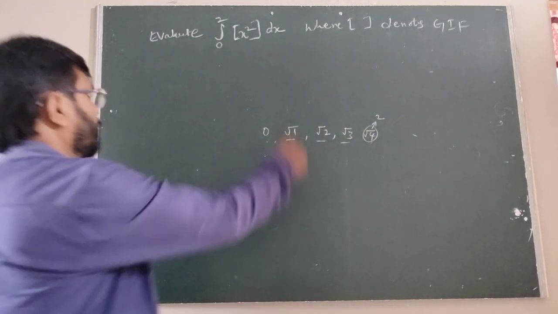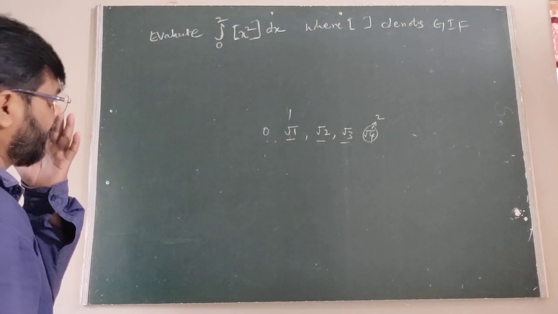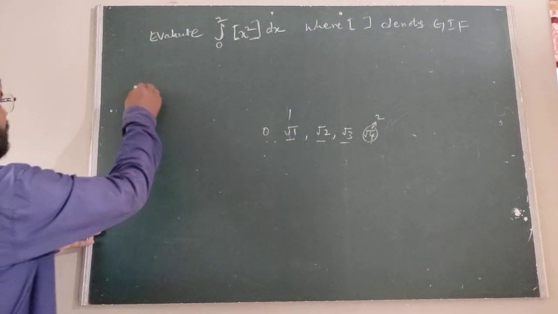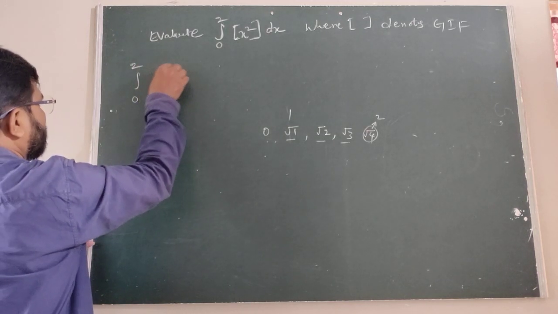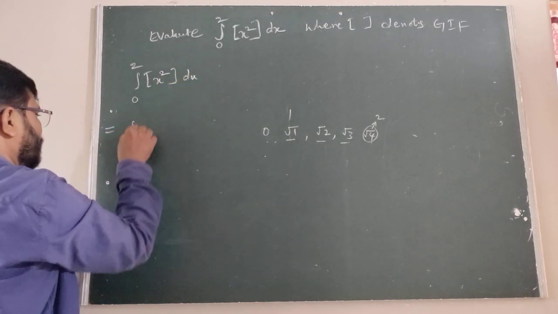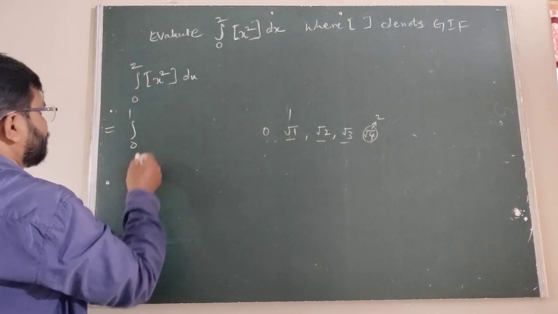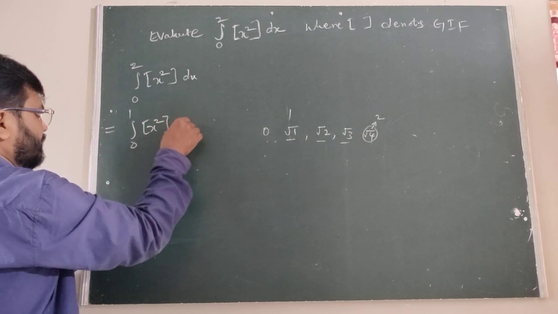Root 1 is also 1. Therefore, first of all, we have to take the integral 0 to 2 step of x square dx. We can write first 0 to 1 step x square dx.